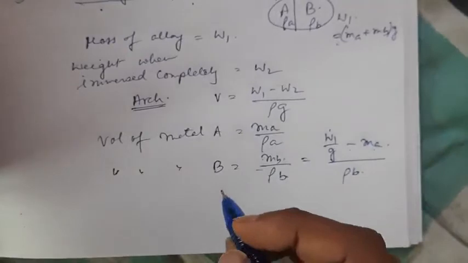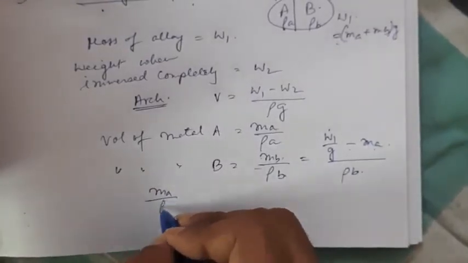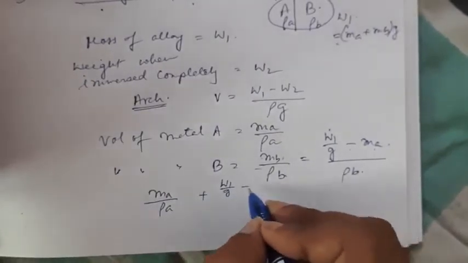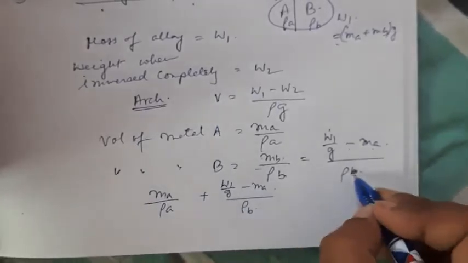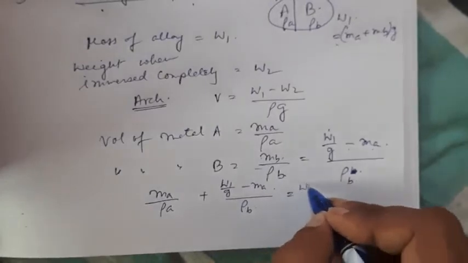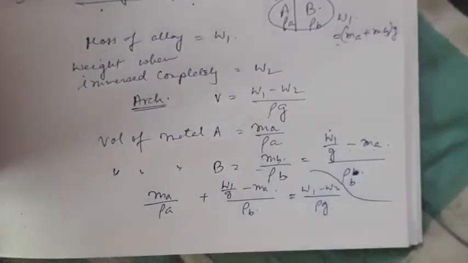Now the equation can be written as Ma by rho A plus (W1 by G minus Ma) by rho B must be equal to (W1 minus W2) by rho G. Now you have to solve this on the next page.